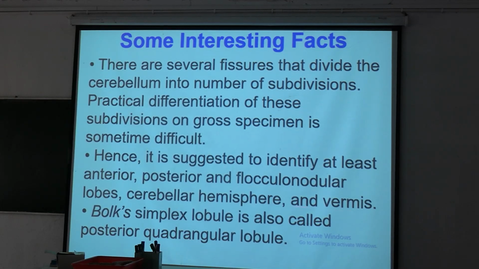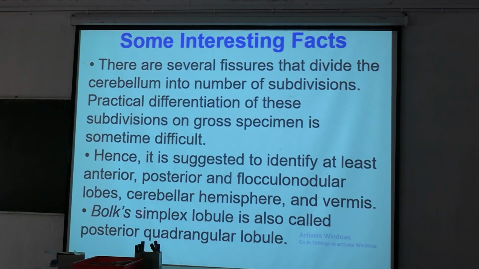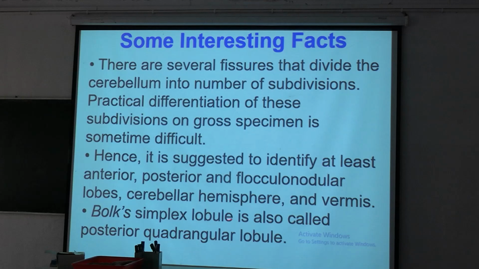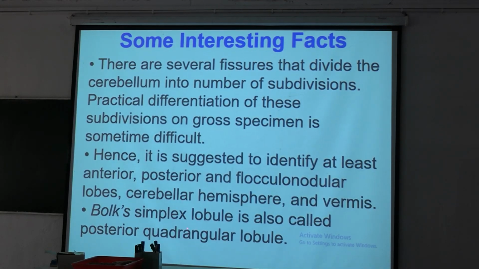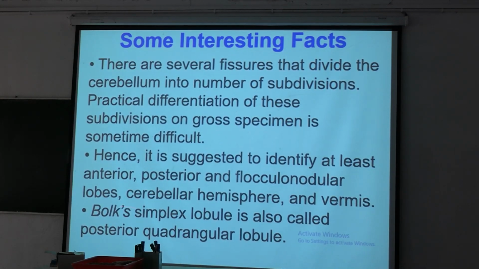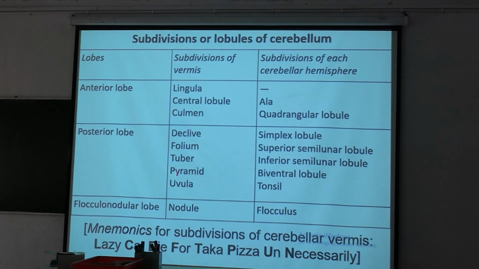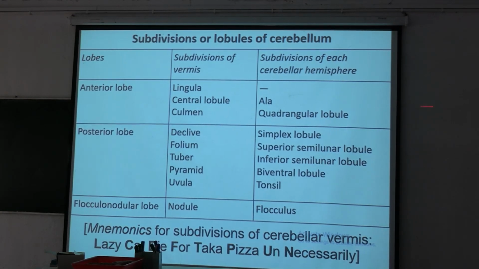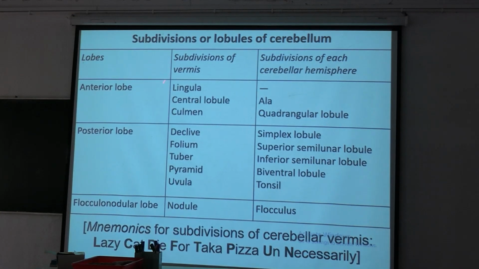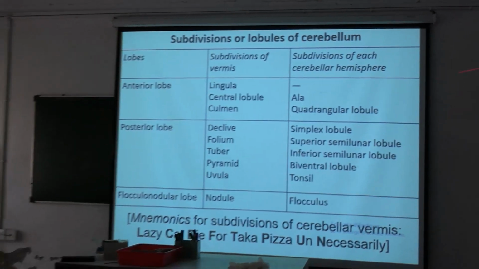Next is the lobulus simplex. It is also called the posterior quadrangular lobule. Another name is there. So these are the divisions of the vermis and the divisions of each cerebellar hemisphere, with their corresponding parts. In the anterior lobe, lingula has no corresponding part.